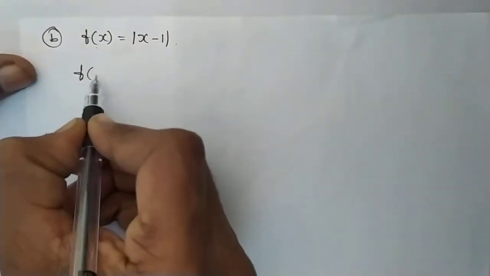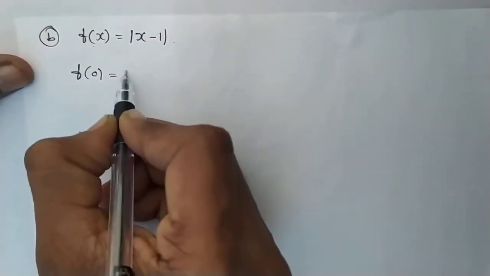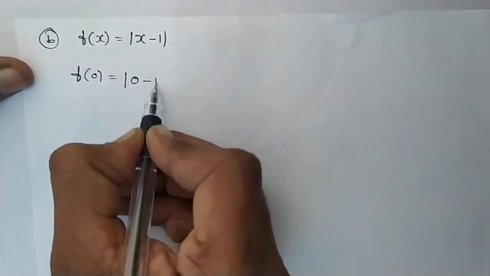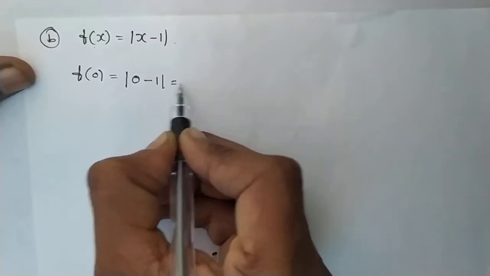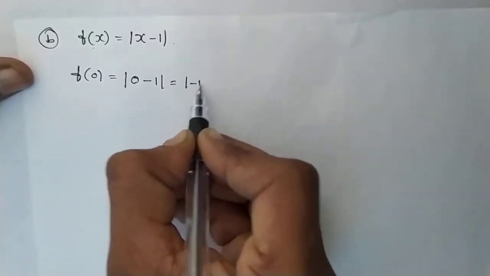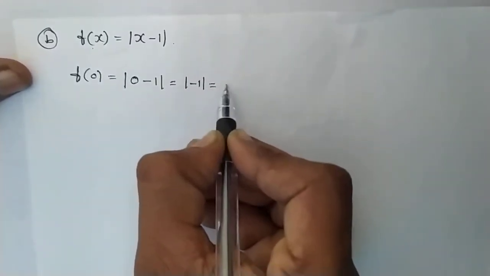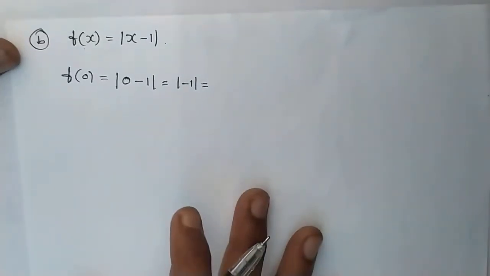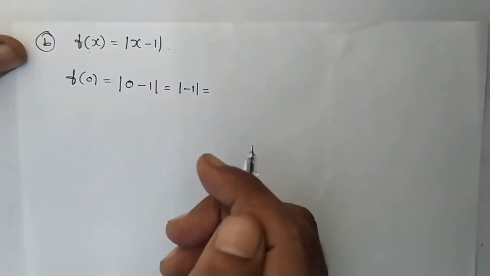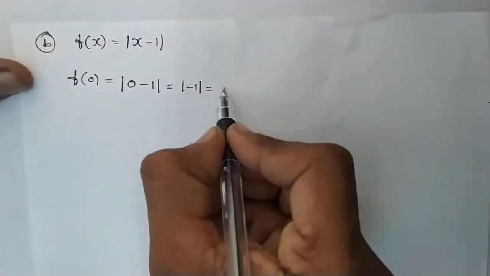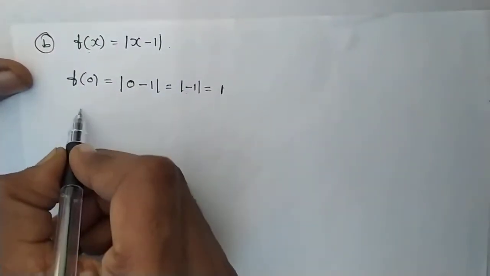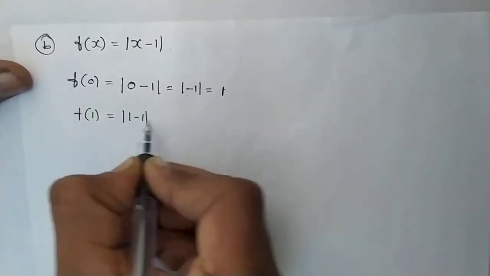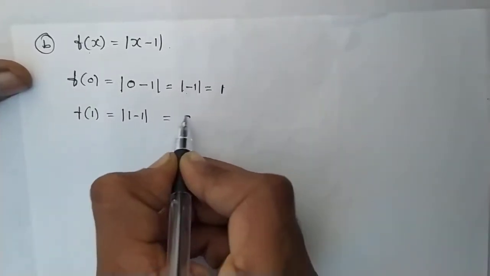Now f of 0, modulus of, in place of x we have to put 0, minus 1, equals modulus of minus 1. If we apply modulus, that value should be a positive number. Modulus of minus 1 is plus 1. F of 1 equals modulus of 1 minus 1 equals 0.